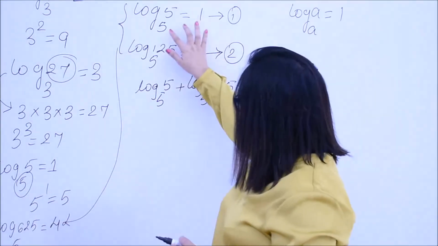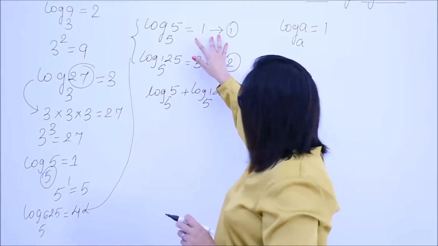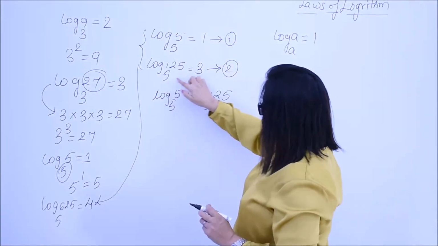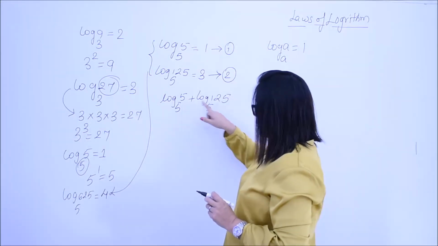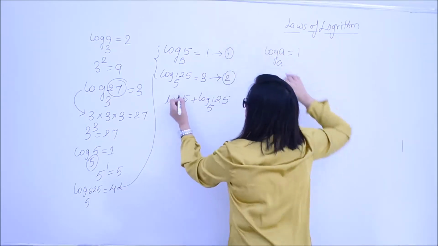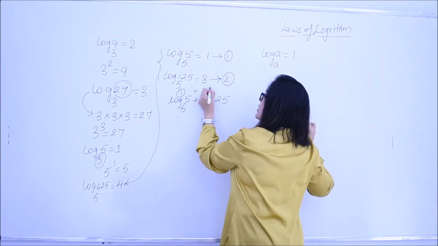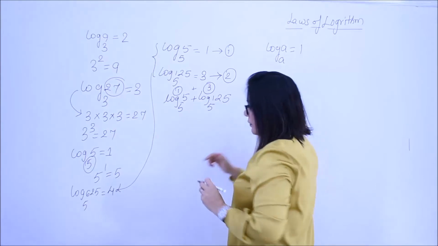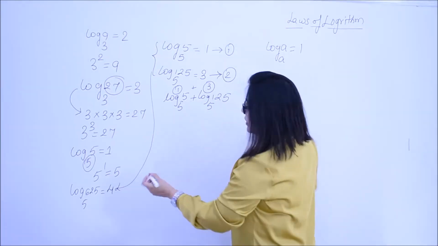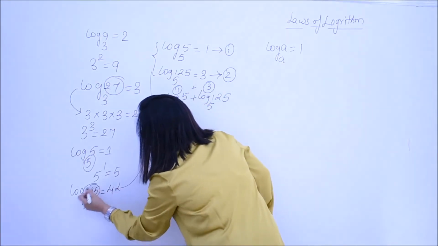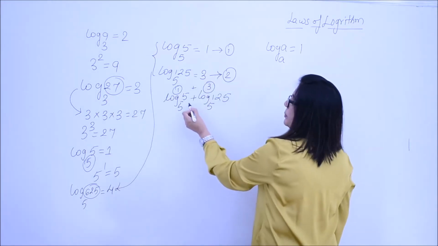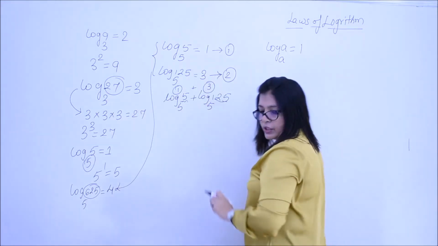Now look here, this is 5 raised to 1, which was 5, and 5 raised to 3, which is 125. So here it is 1 and over here it is 3. If I look over here, this number, which is a result, is equal to the product of this 5 and 125.